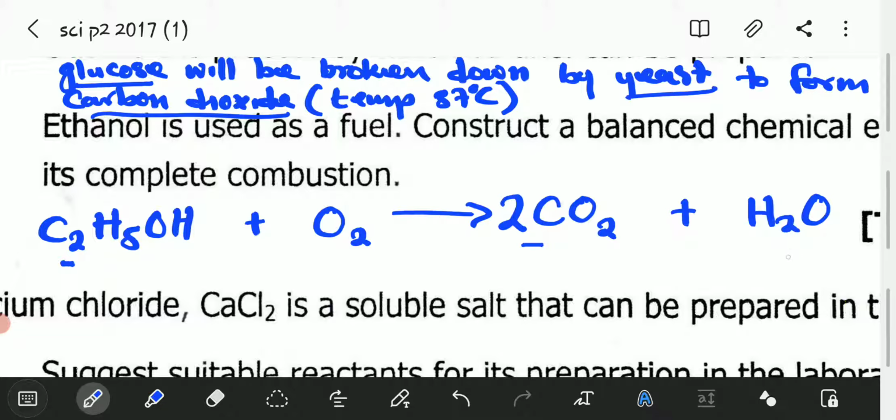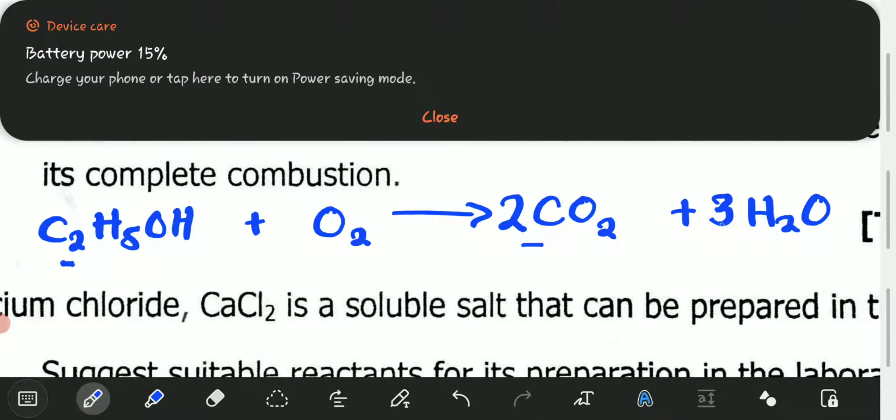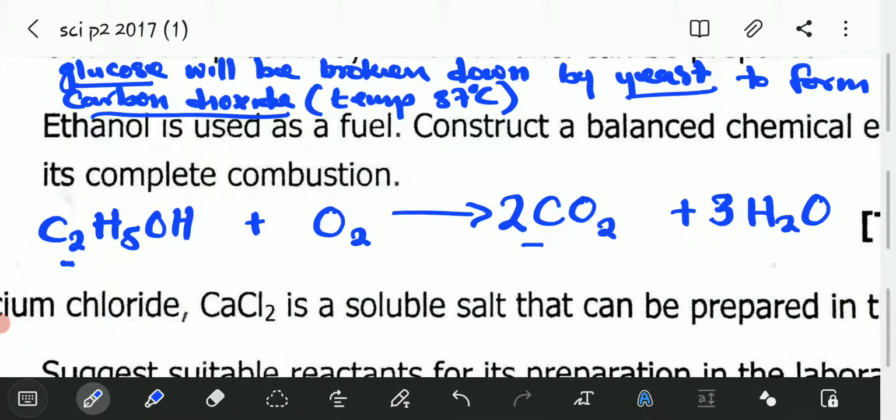So we put a 3 in front there. We have 3 times 2, which is 6, which balances with the hydrogens there.